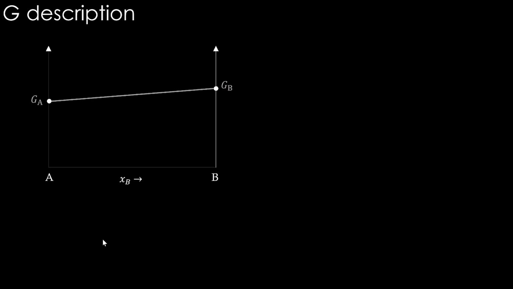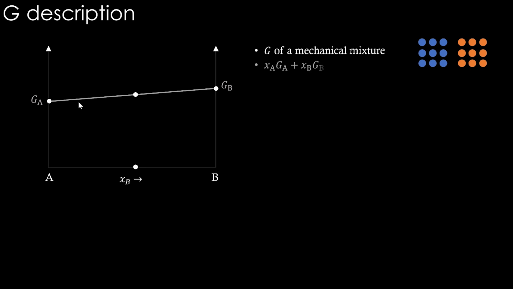Before going there, we will understand how the Gibbs energy descriptions are, basically the mathematical representation of these curves. So we have seen Gibbs energy versus composition plots coming from pure element Ga, Gb curves and the mechanical mixture line like this. So this is just before mixing. Take any composition, and that G of mechanical mixture can be represented mathematically as XaGa plus XbGb.